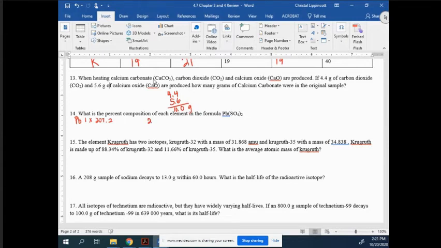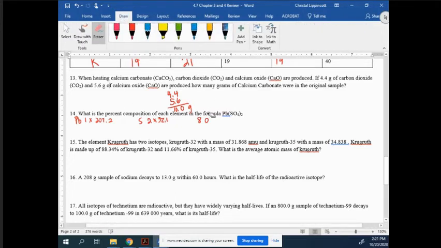We have 2 sulfur, so 2 times 32.1. And then we have 8 oxygens, 8 times 16, and we're able to figure out our amount for that.